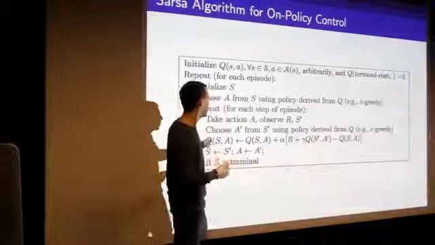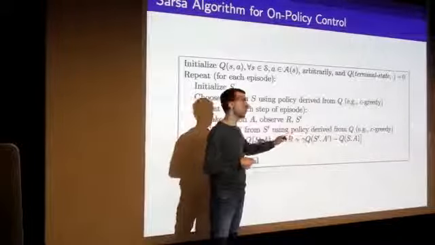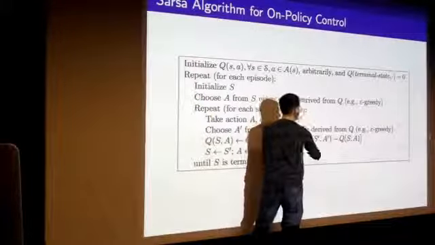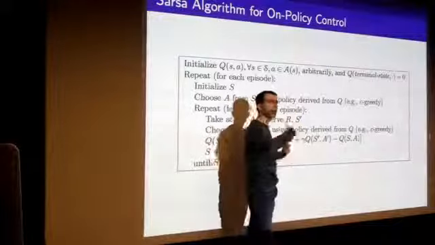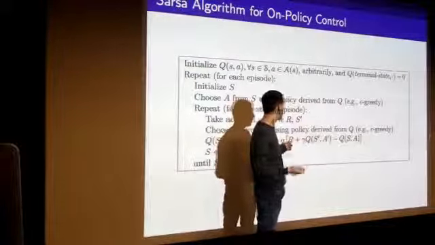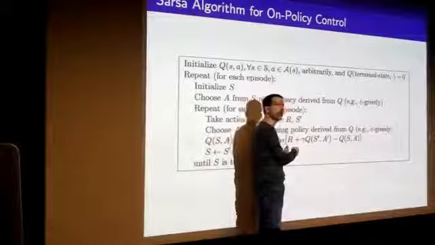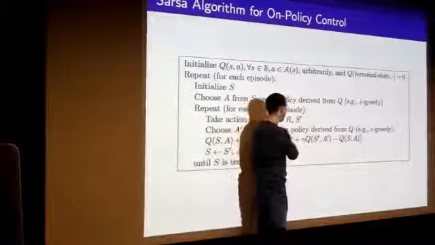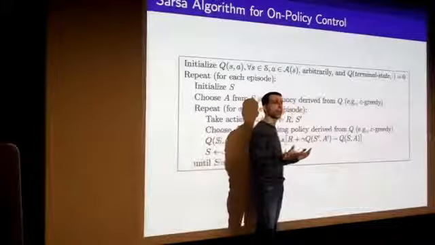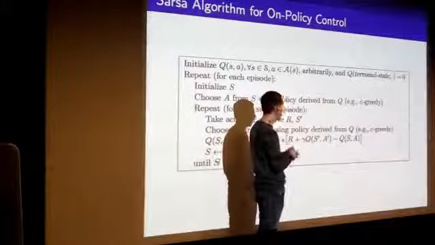Really, this right-hand side that we're moving towards, this target, is a sample of the Bellman equation. We want to consider an expectation over everything which happens in the environment over one step, which is the reward plus whatever state you end up in next. So that gives you your expectation over the environment.